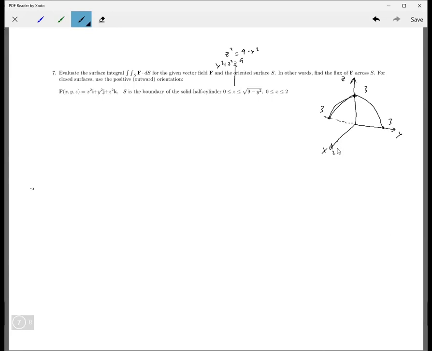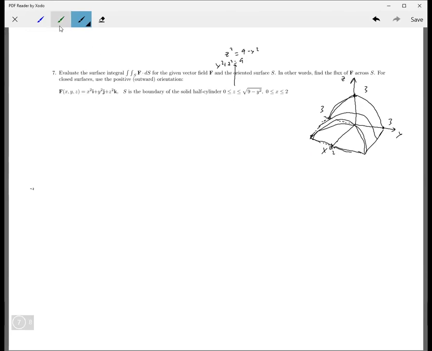But it's a cylinder, so it comes out this way, and then goes over like that, right? Okay, so something like that.